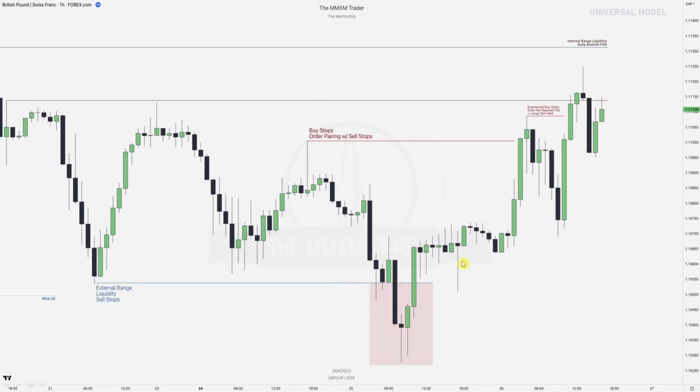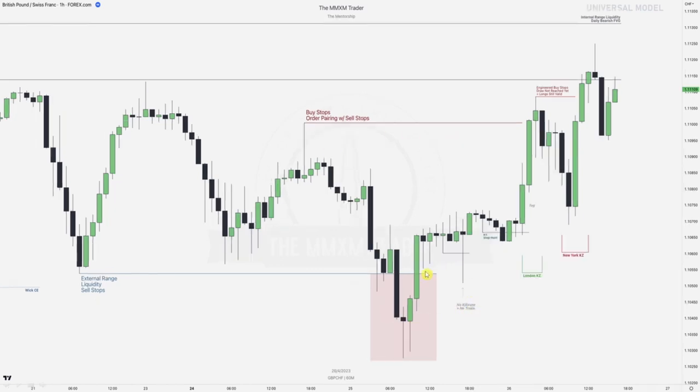Over here, we have a break of structure. We have those engineered buy stops over here. Over here, we have no kill zone yet, so no trade yet, right? Because we have a stop hunt over here on the 1 hour, but it's outside of the kill zone, and we really want to be in our time zone before we execute a trade, because outside of kill zones, the probabilities reduce drastically.